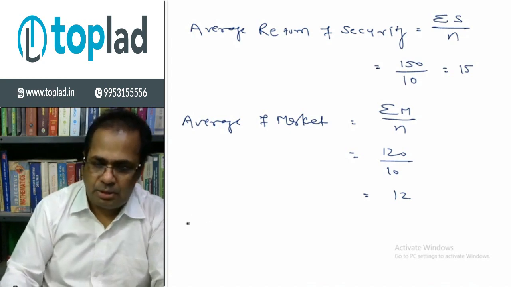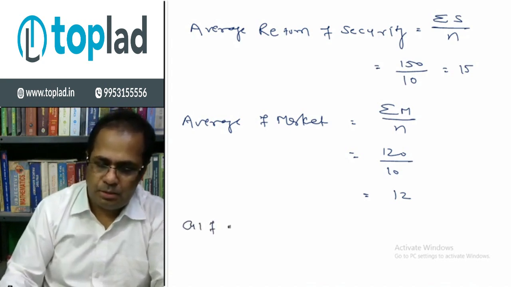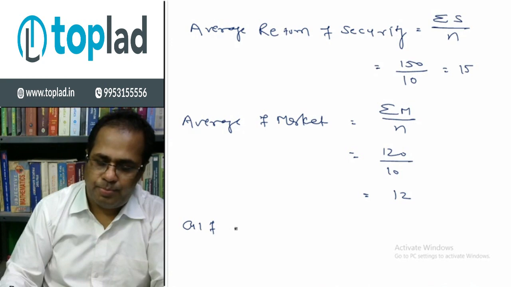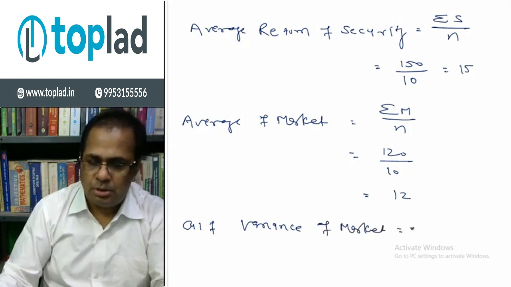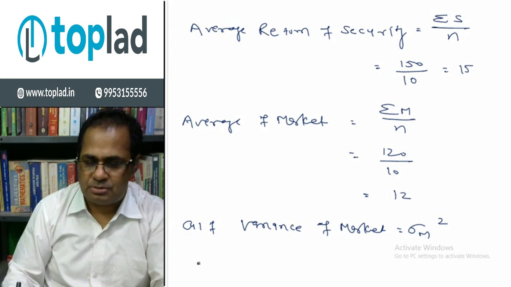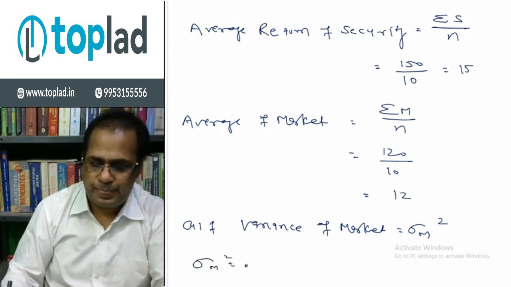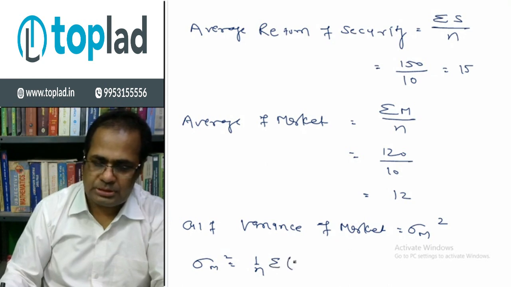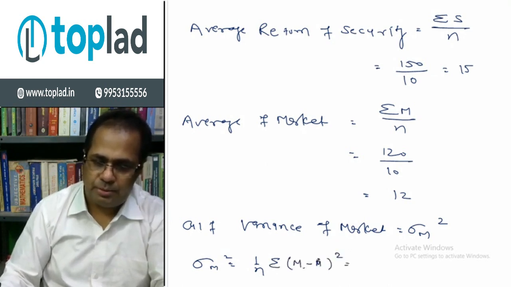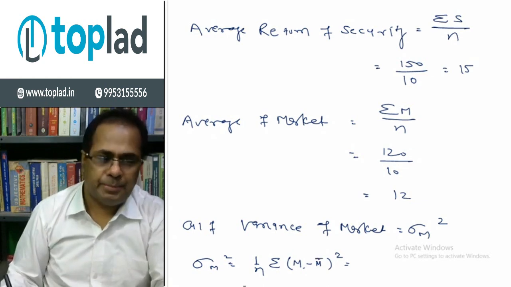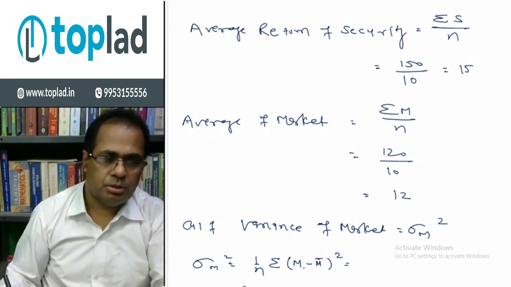Calculation of variance of market, the standard deviation of market squared, 1 upon n summation m minus m bar whole square.